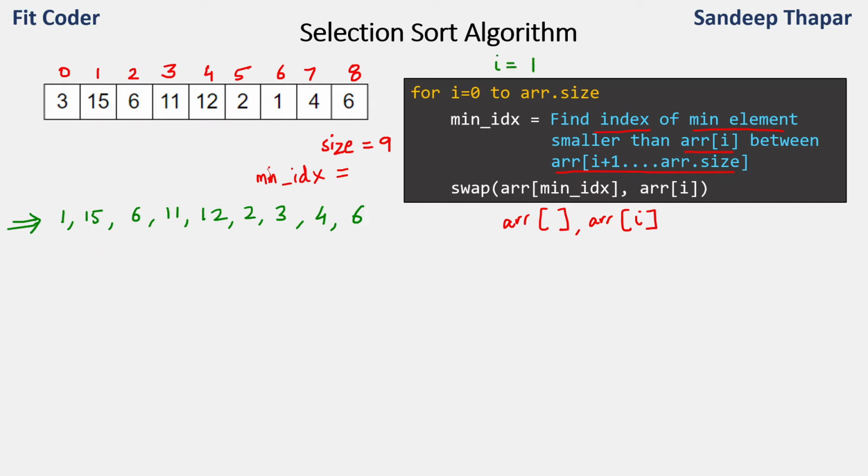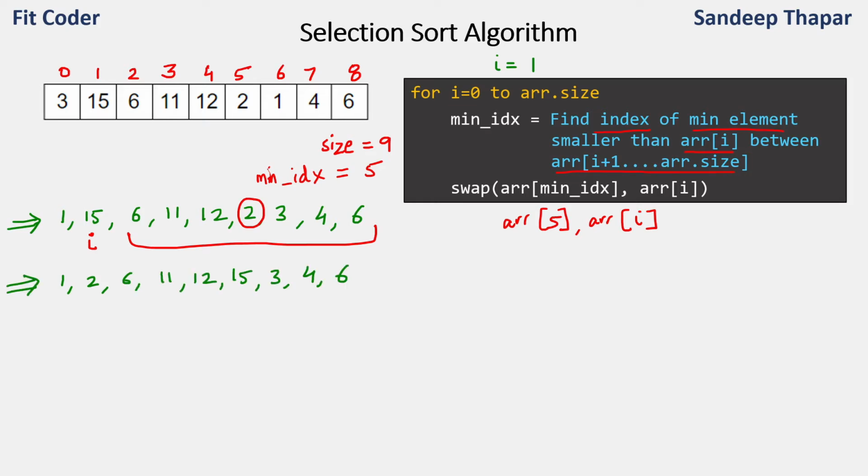I is at the first index, and now we need to find the minimum element between these two indices. The minimum element here is 2. The minimum index is 5 because 2 is at 5th index. So we'll swap array of 5 with array of I. We'll swap 2 and 15, so the array that we'll get is this.